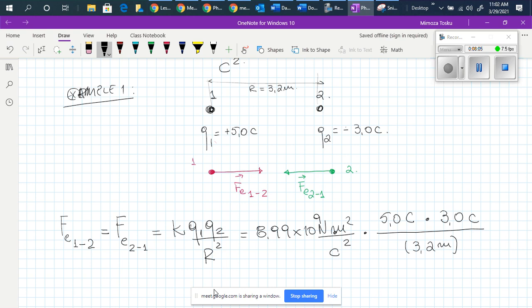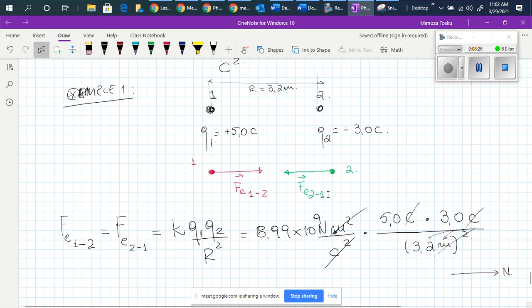3.2 meters squared. So now the coulombs cancel out with the Coulomb squared, and meter squared and meter squared cancel out, and what you are left with is newtons.